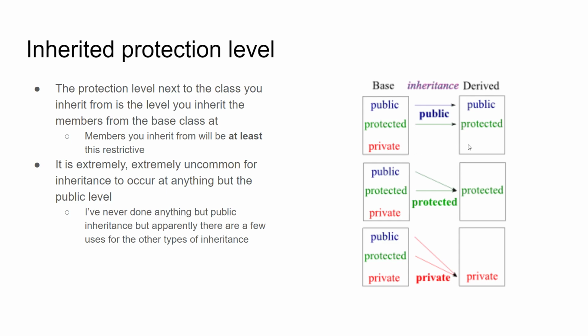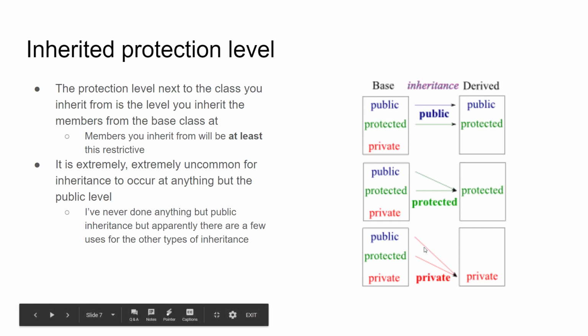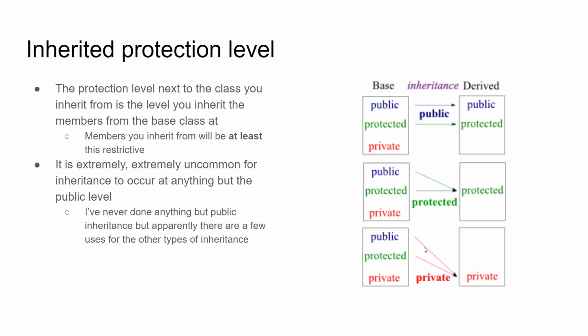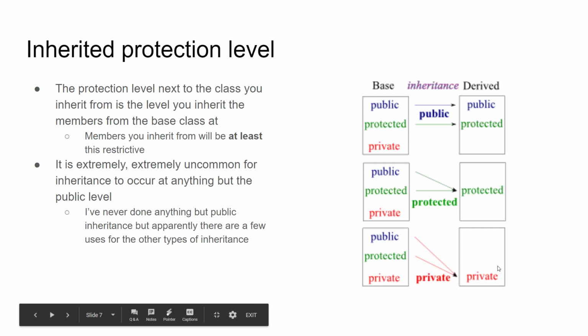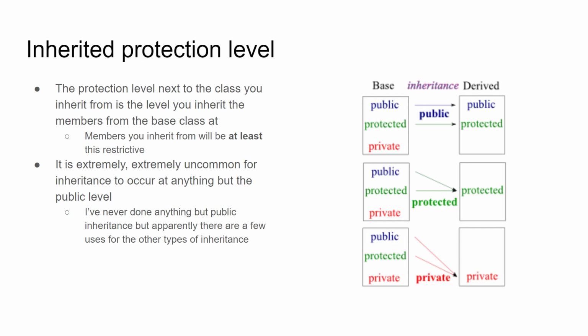The private, again, you don't get. If you inherit at a protected level, everything has to be at least this protection level. So public gets mapped down to protected, and protected stays at protected, but again, you don't get private. And then when you inherit from the base class at the private level, everything must be at least private when you inherit it. So everything that you inherit from the parent becomes private inside yourself. Questions here?